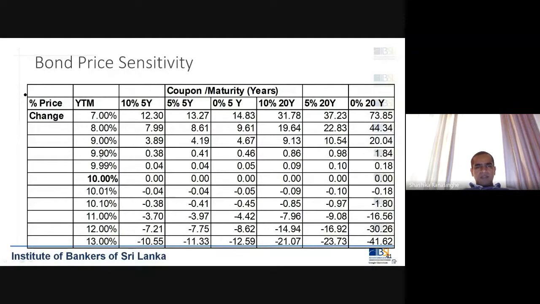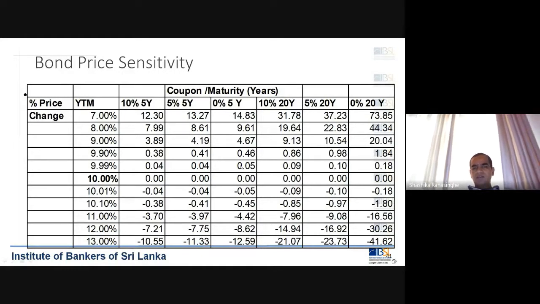So here we are observing the percentage price change. When from 10%, interest rates drop to 9%, the price is increasing by 3.89% for the 10% coupon, 4.19% for the 5% coupon, and 4.67% for the zero coupon.